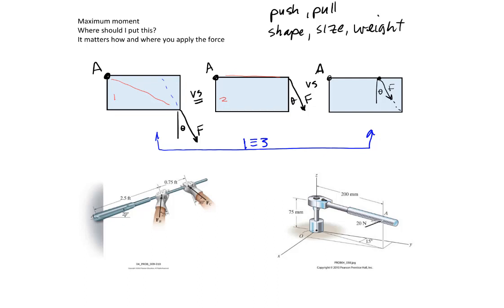Let's say that there is a cosine component this way and a sine component this way. The sine component has no effect as far as moment about point A, because the sine component goes through point A. However, the cosine component has this lever arm, so I'll call this D2.